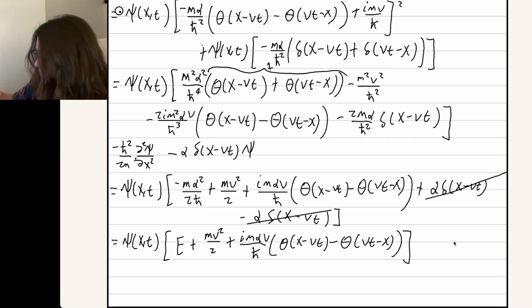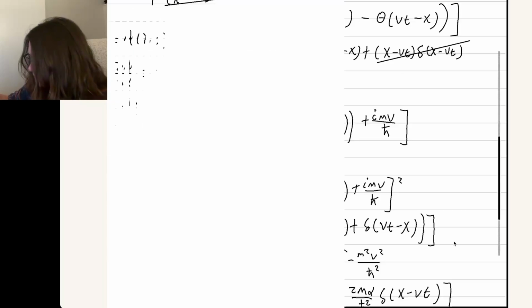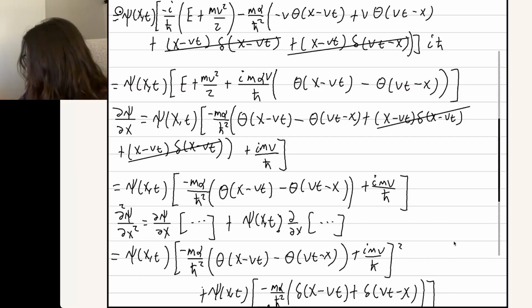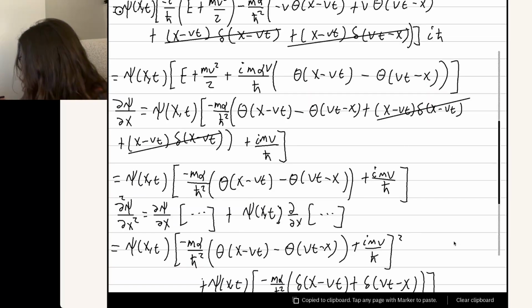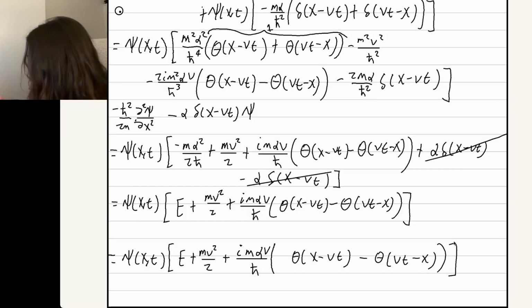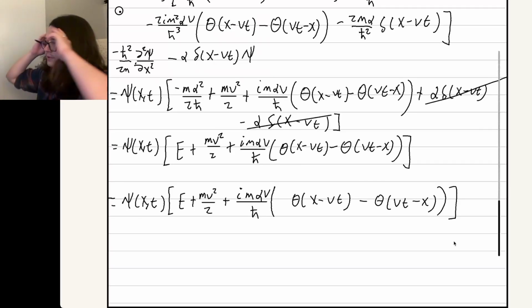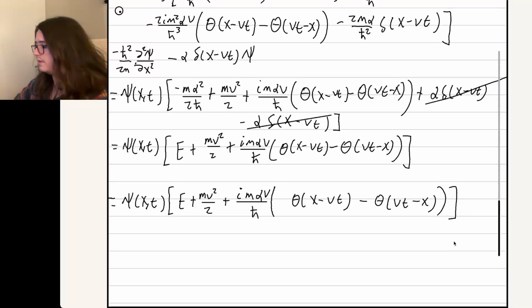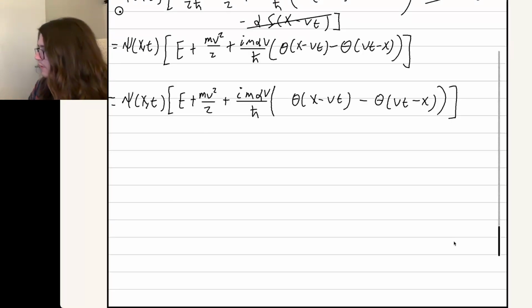And then we compare it to what we got for the left-hand side of the Schrödinger equation, which was this junk right here. Wouldn't you know it, they're identical. So it looks like Schrödinger is correct on that one. So this is a pretty good solution to the Schrödinger equation.